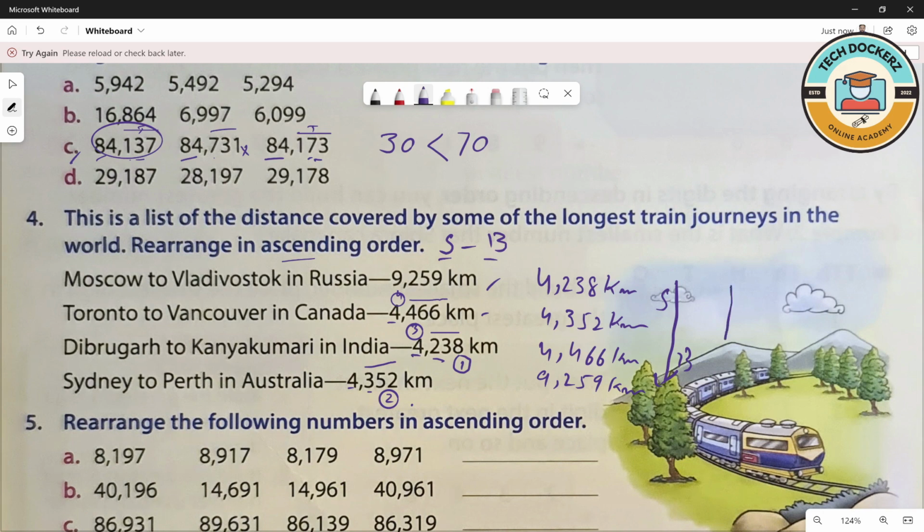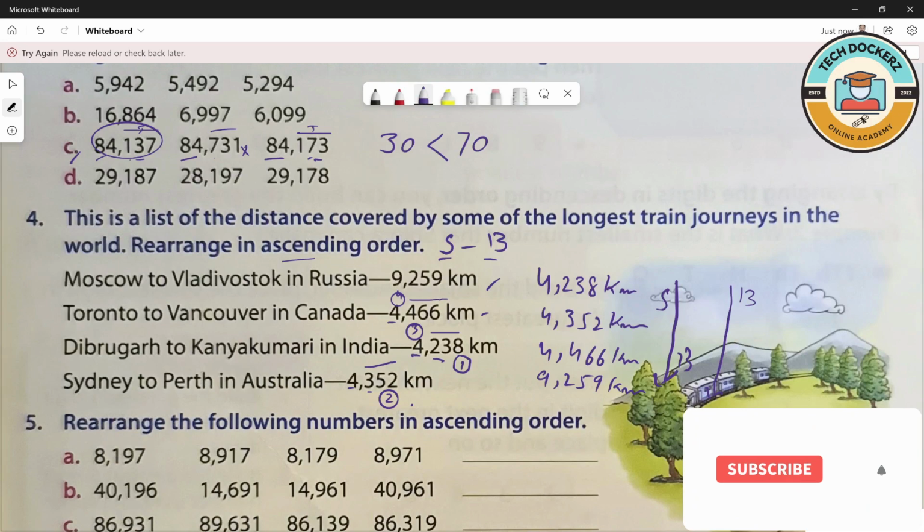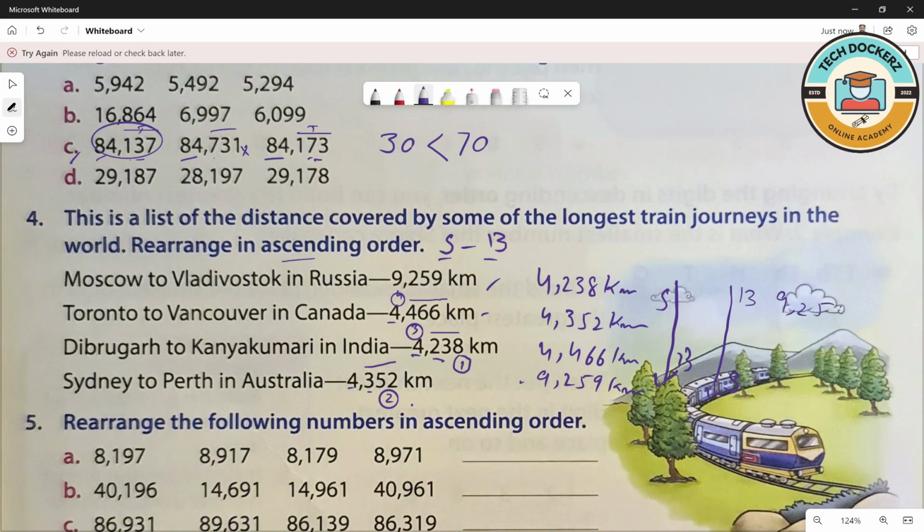The same value will come but in opposite directions, from bigger to smaller. So the first number will be 9259 kilometer. This is the highest distance covered by the train. Then the second number will be 4466 kilometer.